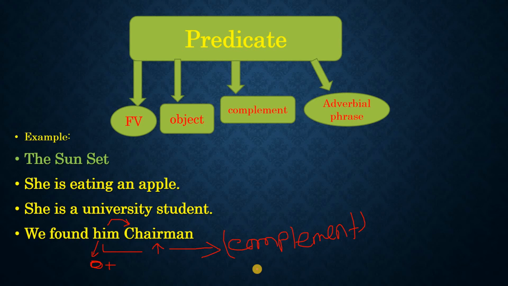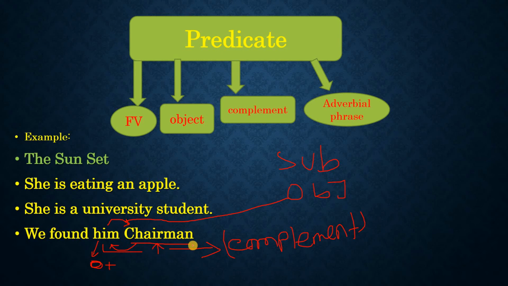In the previous chapter, I told you there are two types of complement: subject complement and object complement. So this is object complement because there is a relation between chairman and him.